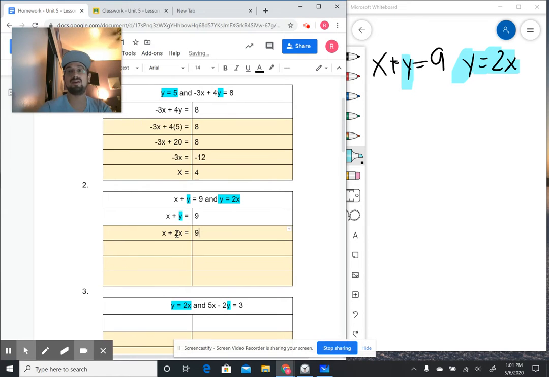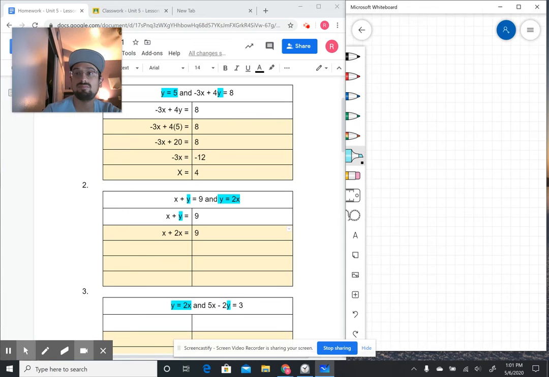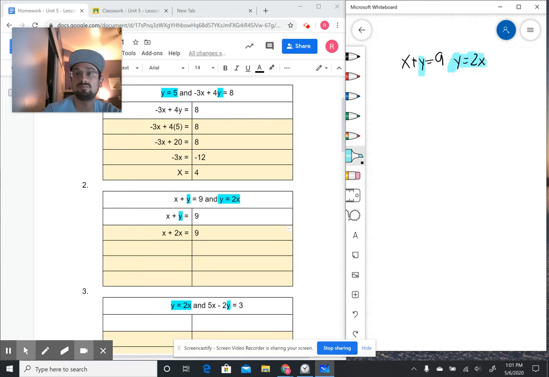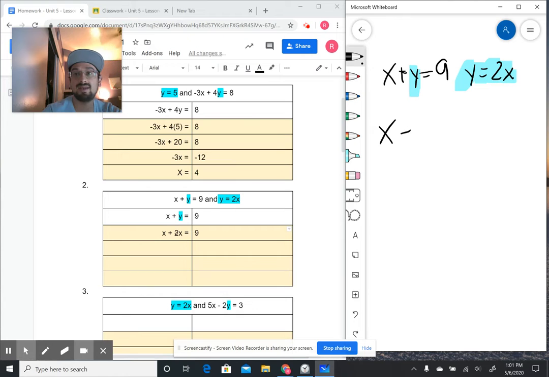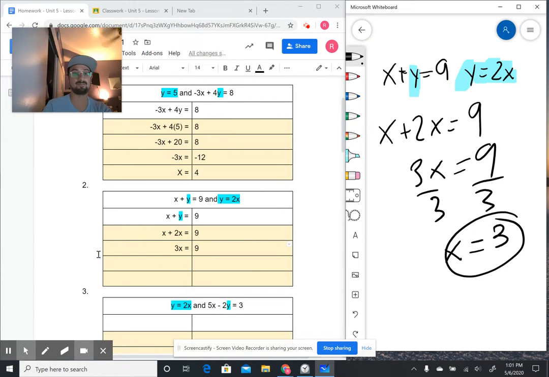And then from there, that y becomes 2x, and x plus 2x is 3x. Okay. So we're going to have 3x is equal to 9. Divide by 3. And you get x equals 9 divided by 3, or 3.